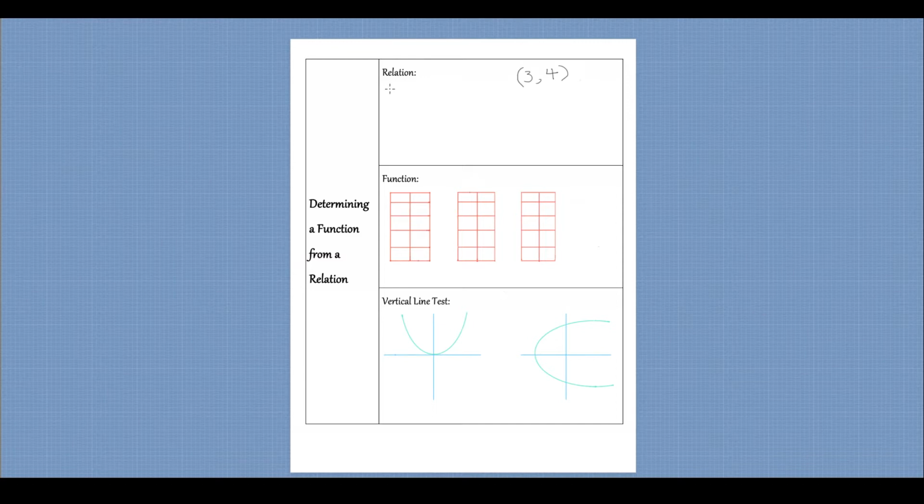So if I had my input, then it would be equal to 3. And the output is considered the y value of a coordinate. So my output here would be 4.